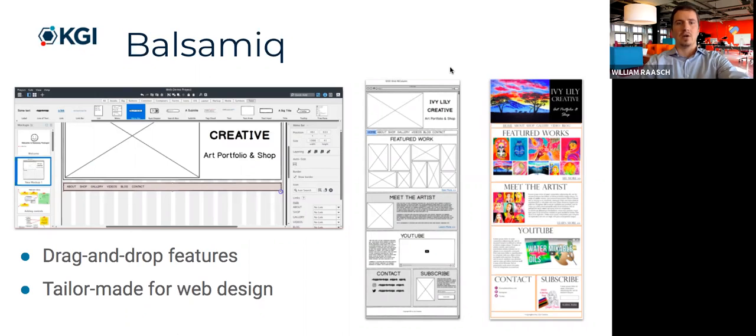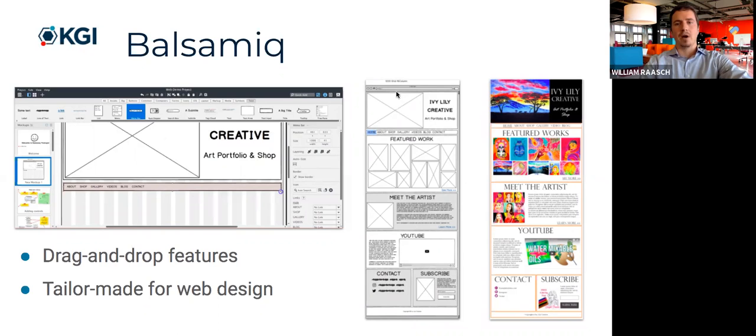It's got all of these little built-in stickers that you can put onto your mockup. So rather than having to draw your own navigation bar or your own buttons, it just has those, and then you can put those in. They look really basic. It's only black and white. There are no pictures or anything, but it helps you build that mockup.